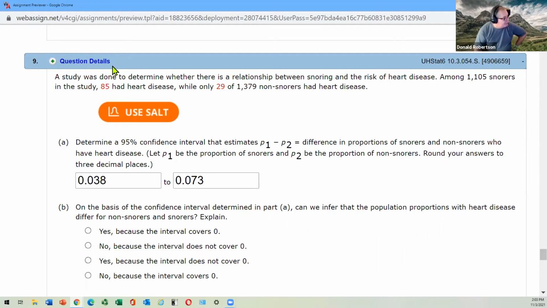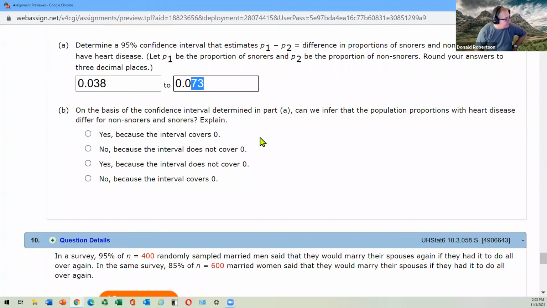So the difference between snorers and non-snorers, right? If you subtract one from the other, the difference between them is about 3.8 to 7.3%. Agree, all positives, right? On the basis of this, could you determine that there's a difference between the two? Well, I would say yes, you could. Yes, because the interval does not cover 0, which is a funny way of phrasing it, but that's how they do it.